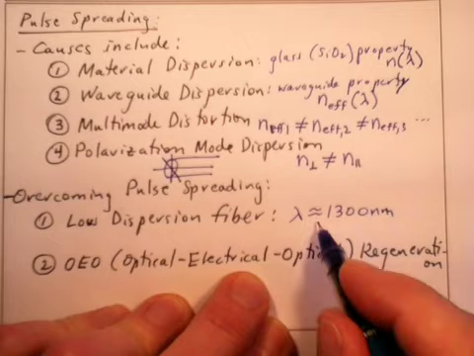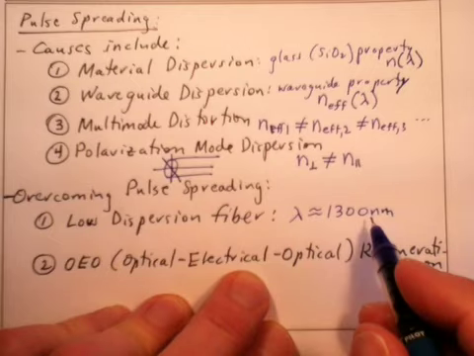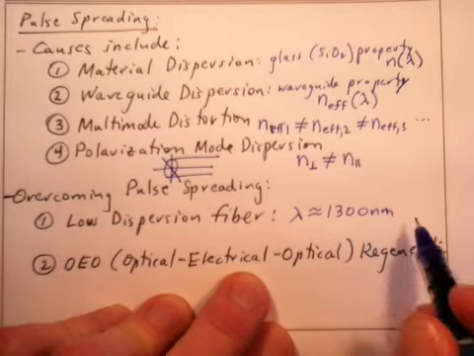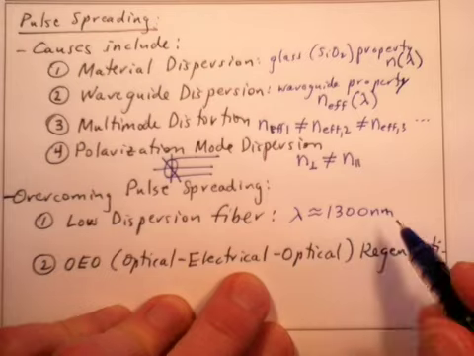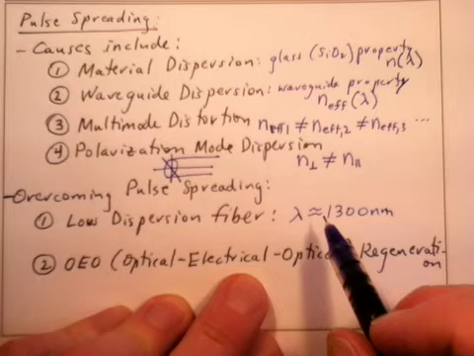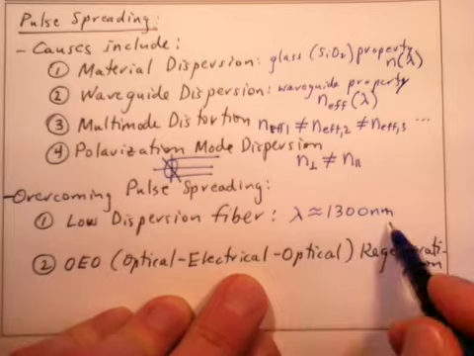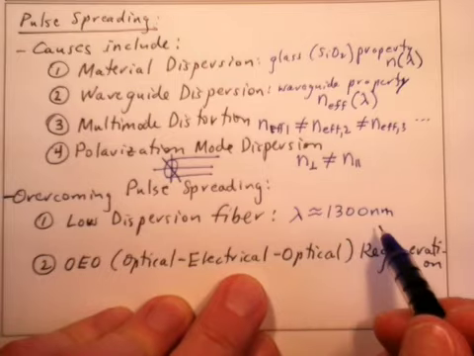At 1300 nanometers, or very close there, the dispersion actually goes to 0 for glass optical fiber. And that offers a great opportunity to get away from the effects of pulse spreading. We'll see it can lead to other problems, but that's one way we can do it.